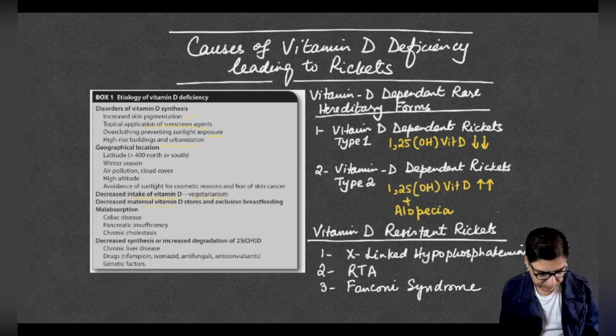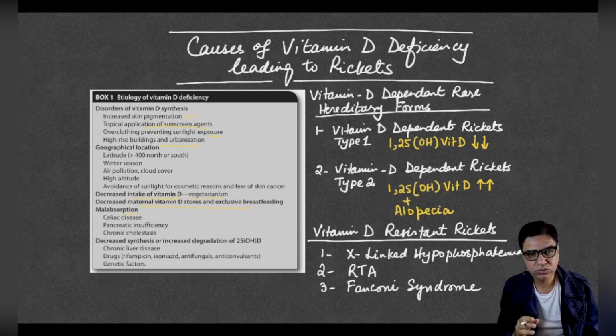Similarly, decreased maternal vitamin D stores and exclusive breastfeeding can cause this problem. I told you why breast milk is deficient in vitamin D. So babies who are breastfed need to be supplemented with vitamin D. Otherwise, they can develop vitamin D deficiency and then rickets, overt or florid rickets.